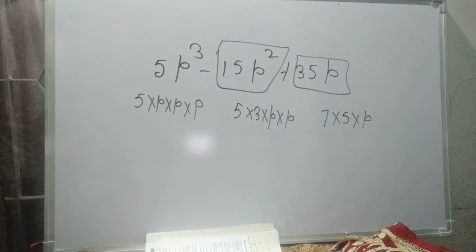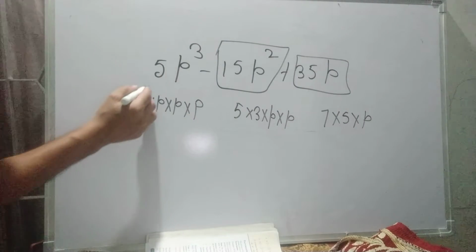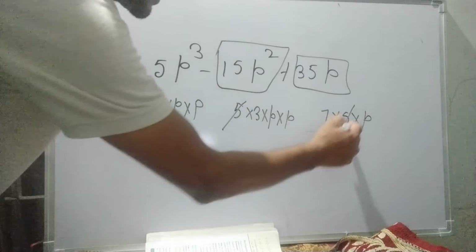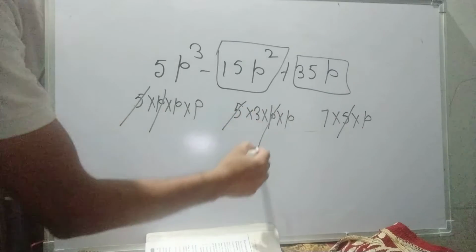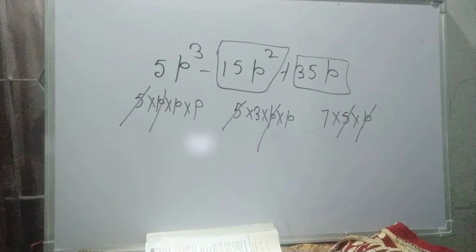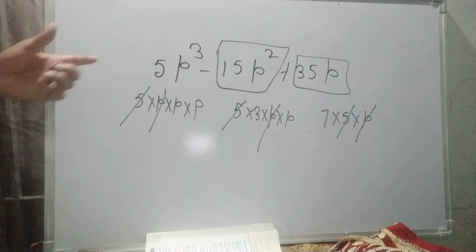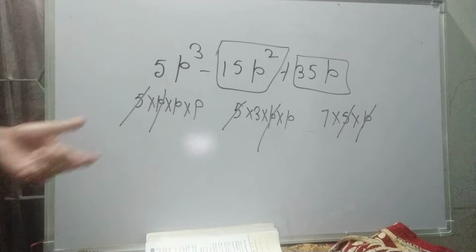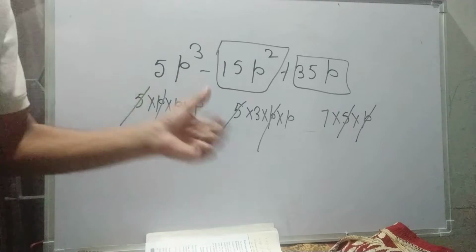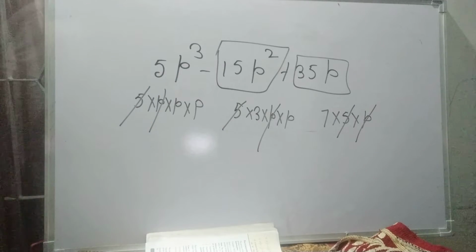If you observe here, you will find that 5 is common among the three terms. Then p is common among these three terms. So students, if we are asked to factorize this expression, we need to take out the common factors, because factorization means writing the algebraic expression as the product of two or more algebraic expressions.